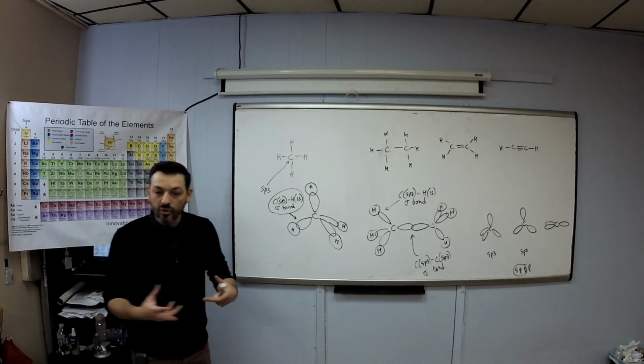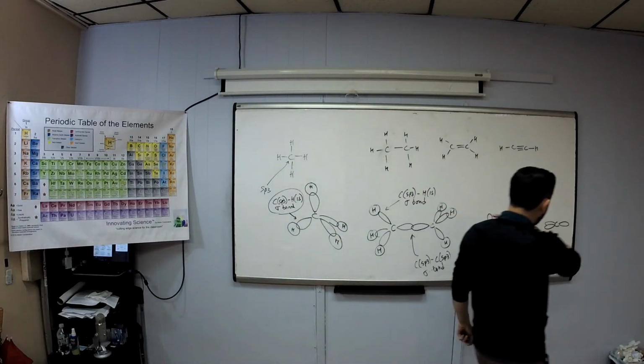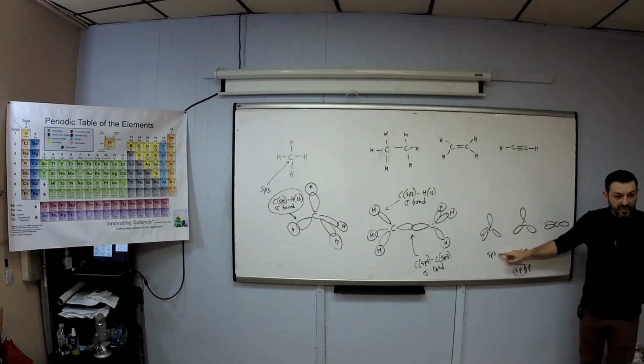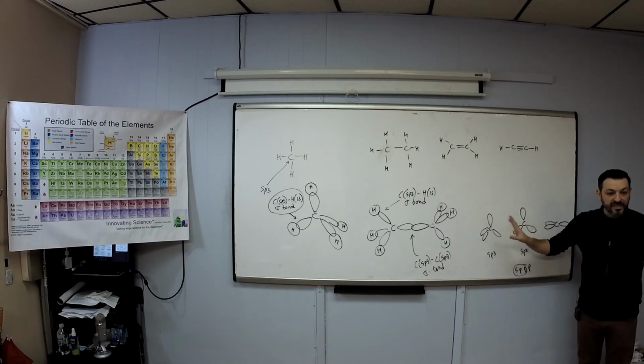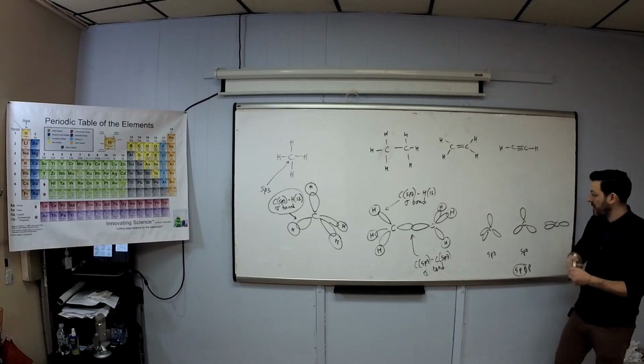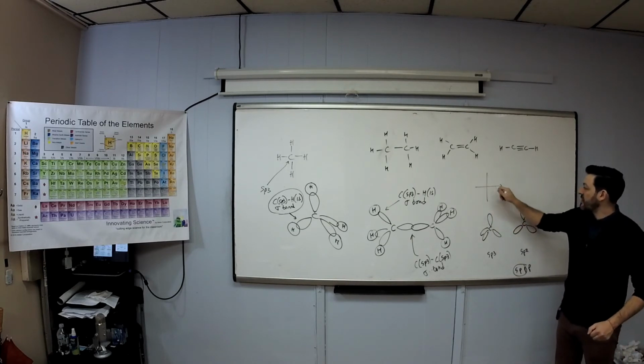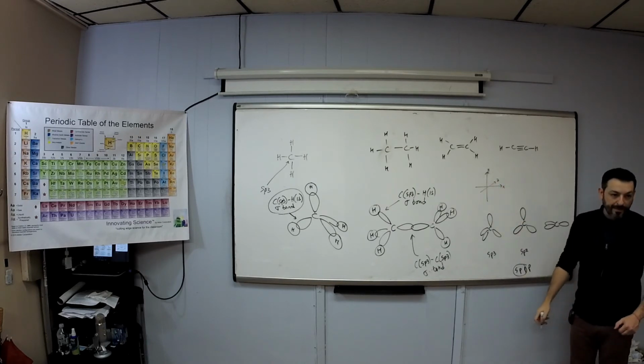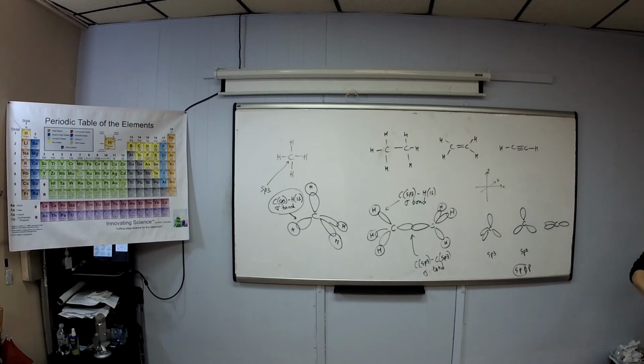It means mixing. It means orbitals have mixed. When the orbitals for sp3 have mixed, that's why you have the orbitals going in every single direction. Hear this out. If I have a Cartesian coordinate axis with an x, y, and z, where is the s orbital?